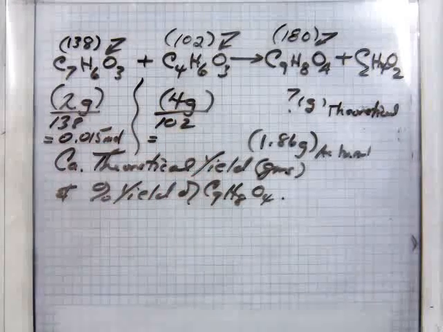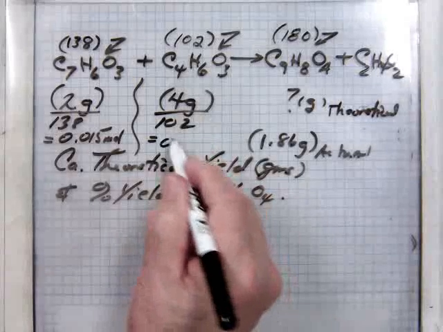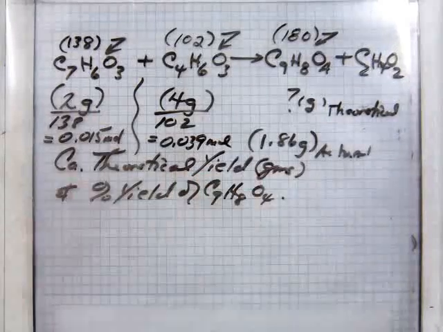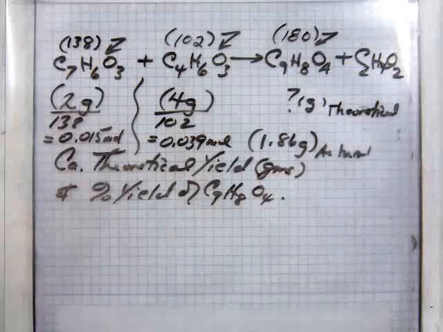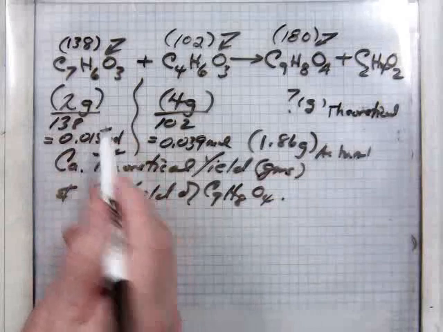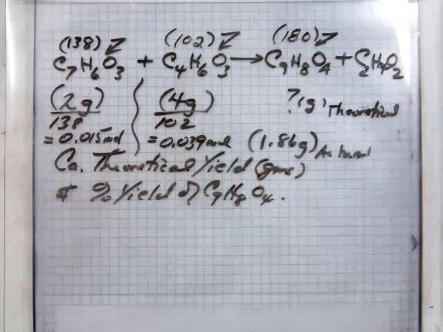And 4/102 is 0.039. Well, since the C7H6O3 is the smaller mole value, this one, of course, is the limiting reagent, or reactant.